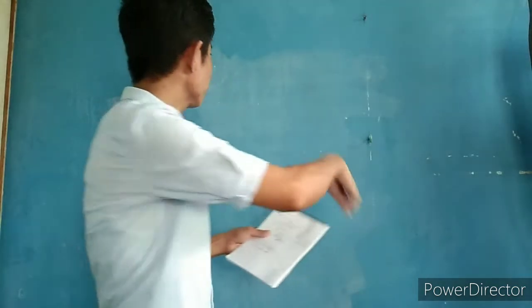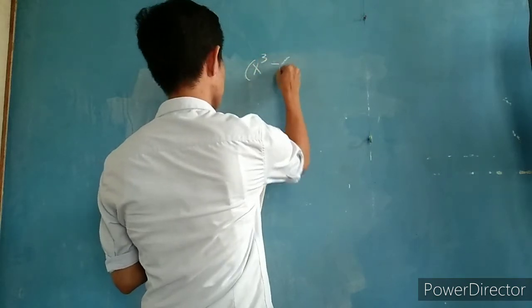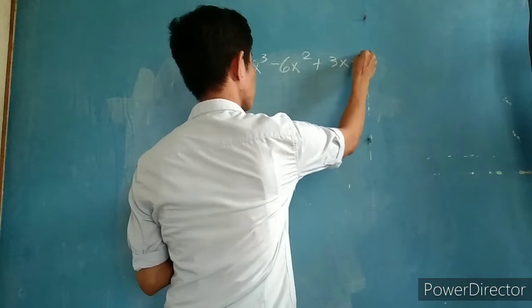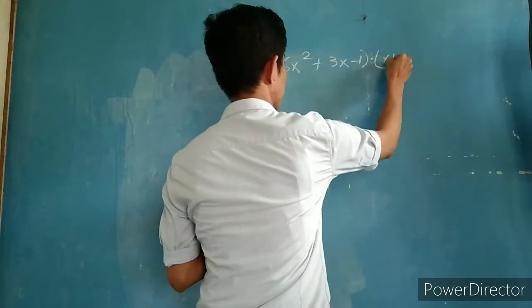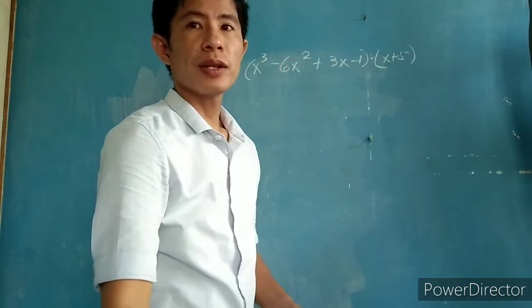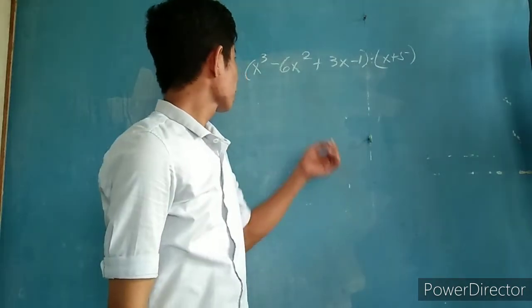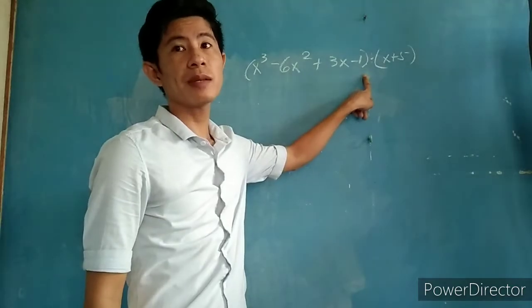So we have x cubed minus 6x squared plus 3x minus 1 divided by x plus 5. The first rule is to rearrange this dividend in decreasing power.